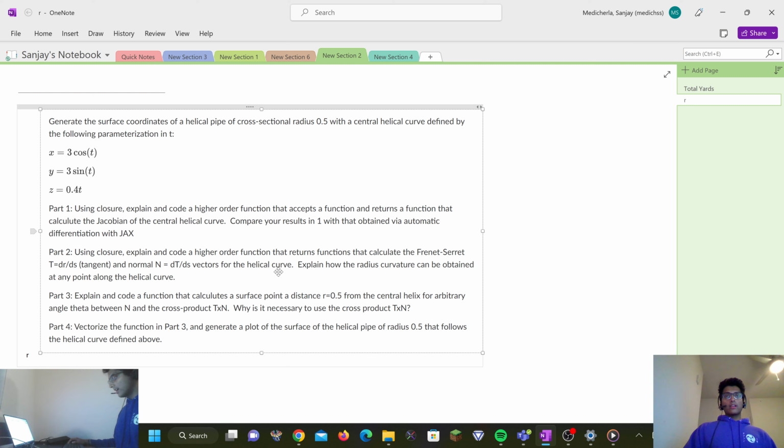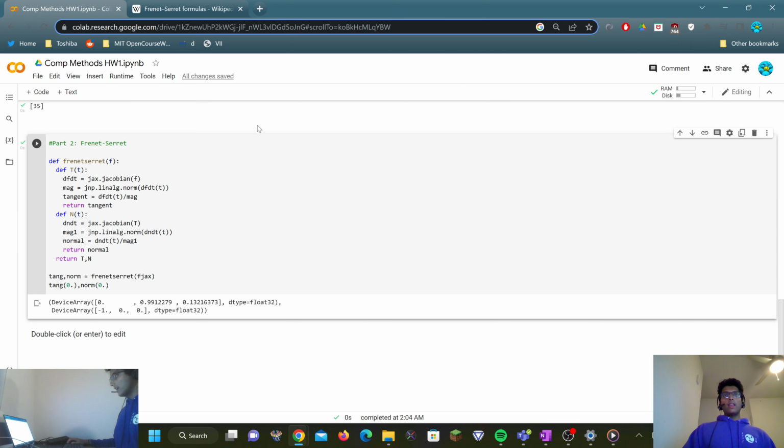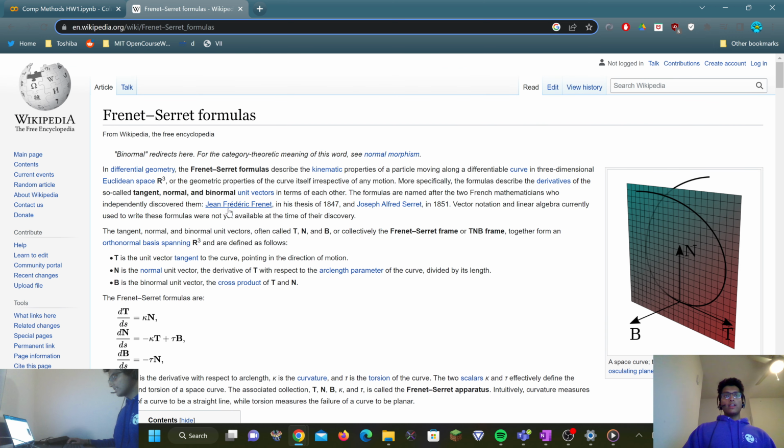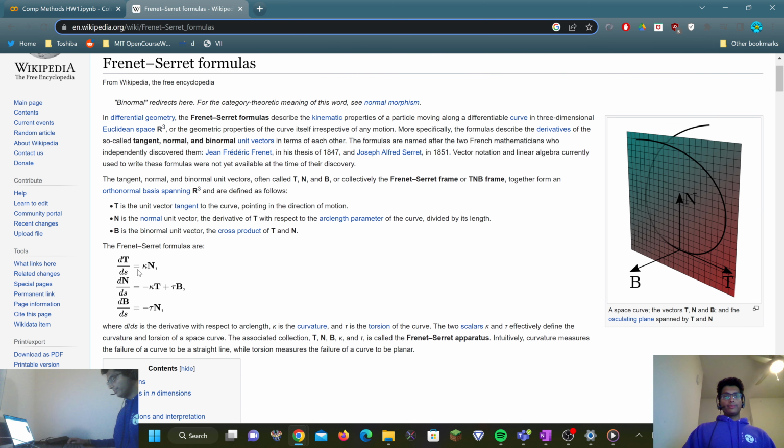We need to explain how the radius of curvature can be obtained at any point along the helical curve. If we look at our Frenet-Serret formulas, for example the tangent, dT/ds equals kappa, which is the curvature, times the normal.